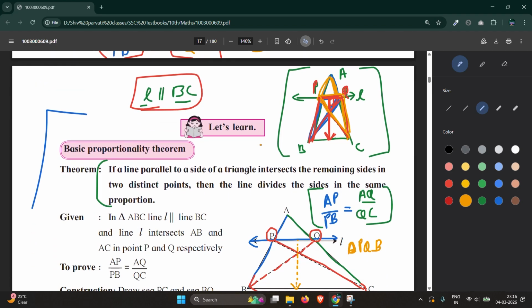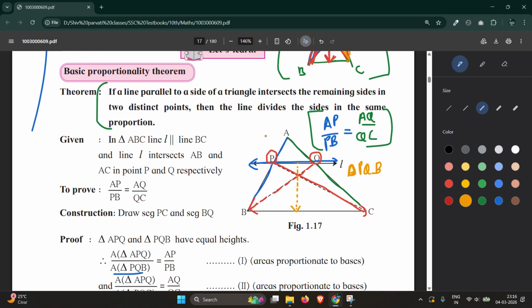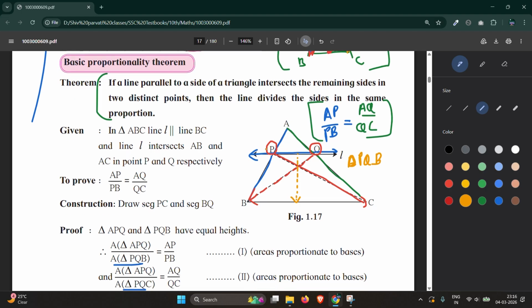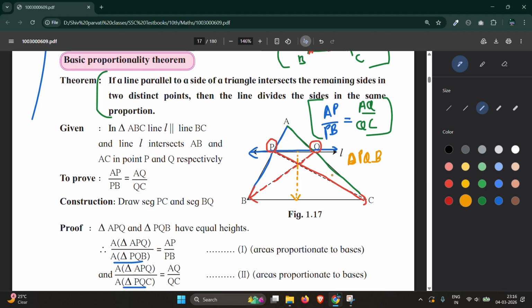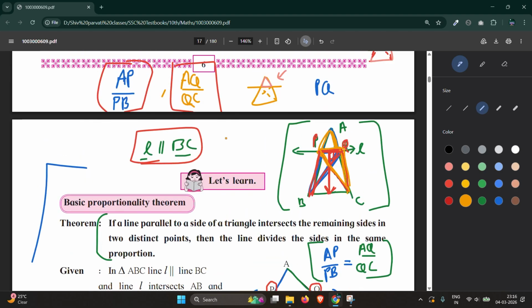So because of that, since the height is the same and the base is also the same, the area of both these triangles is the same. Why? Because the area is nothing but half into base into height. And if the base and the height both are the same, the area of both the triangles will be the same.